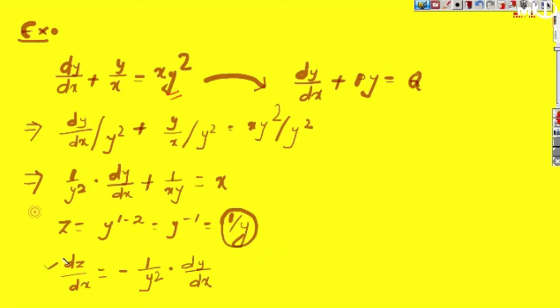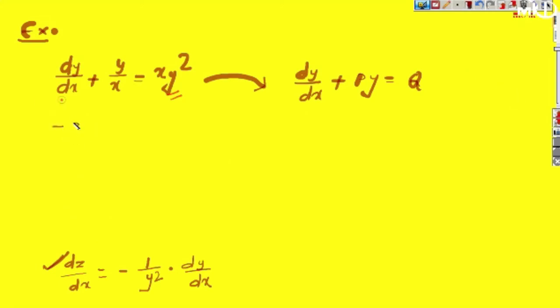So whenever we substitute z is equal to 1 by y, remember our dz by dx is equal to minus 1 by y square into dy by dx. So we substitute this in the above equation. Now 1 by y square dy by dx becomes minus dz by dx.